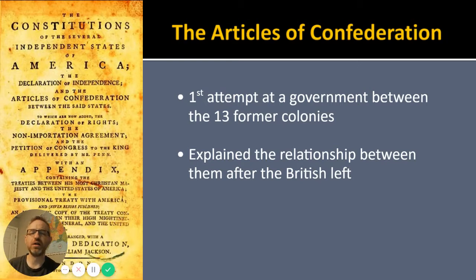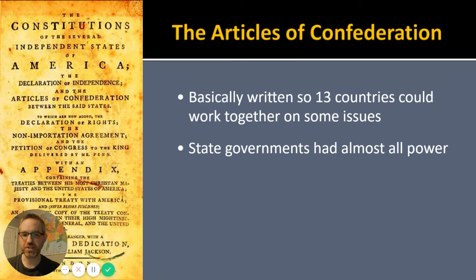Well, the Continental Congress is going to put together a document called the Articles of Confederation. That's a first attempt at a government that unites, binds in some way, these 13 independent states that used to be colonies. It explains how we're going to relate to each other after the British left.